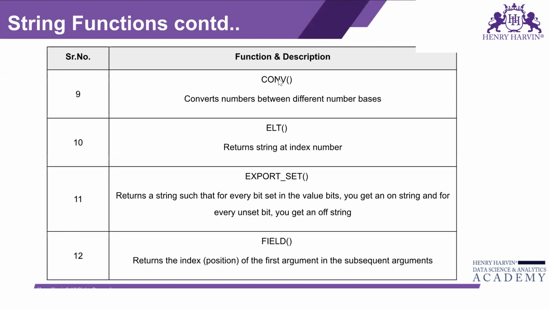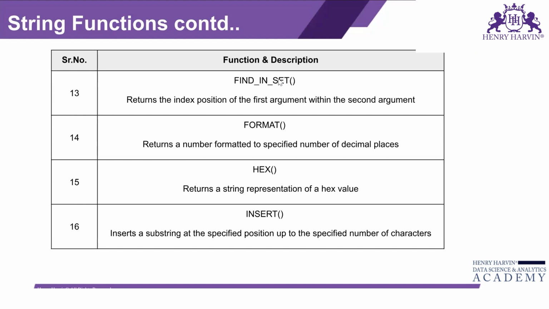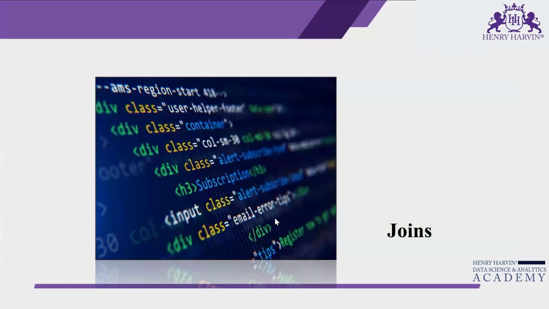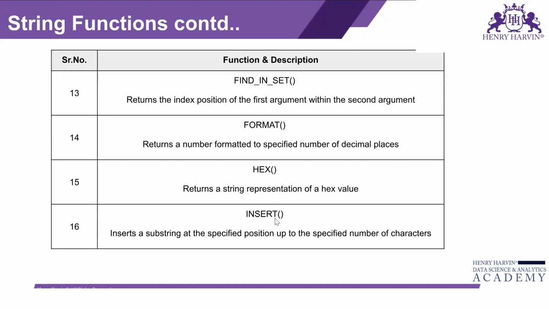Then we have got the field as well. We have got find in set, we have got the format, the hex, which will get you the hexadecimal values. We have got the insert, I think we've met the insert functions. So those are just the overviews of the particular functions that are there.